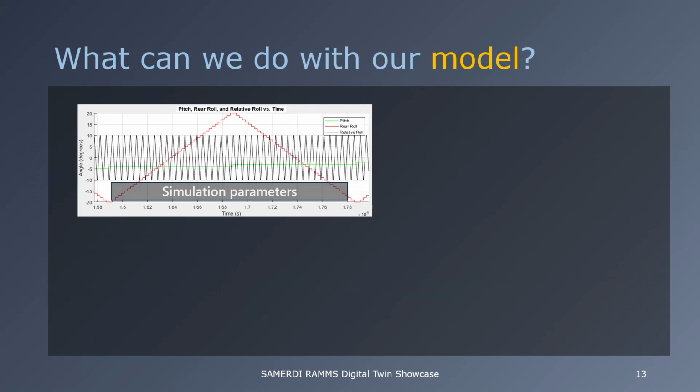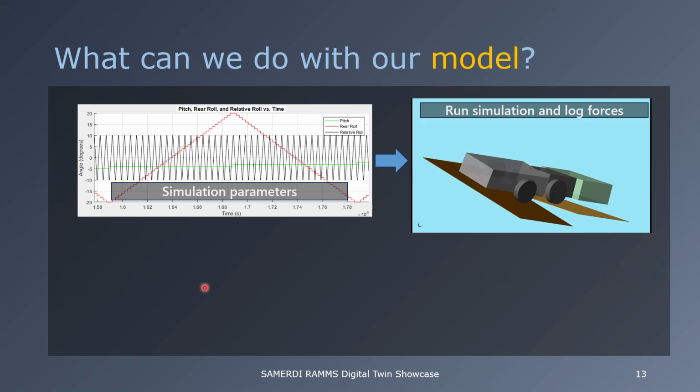Right. Now what we can do is we can take this model we've just designed and we can simulate various scenarios. So we can place this vehicle, we can simulate it under various roll and pitch angles. So let me perhaps just move forward a bit. What this shows is we iterated over different pitch, rear roll, and front roll angles.